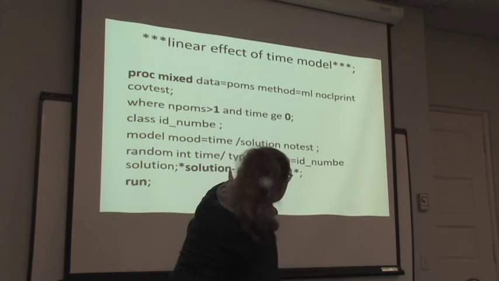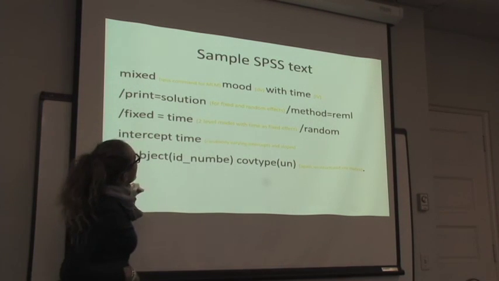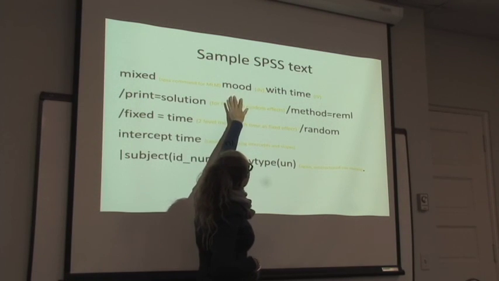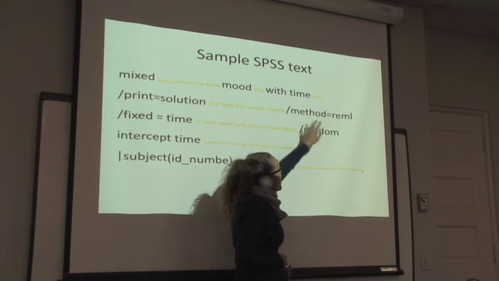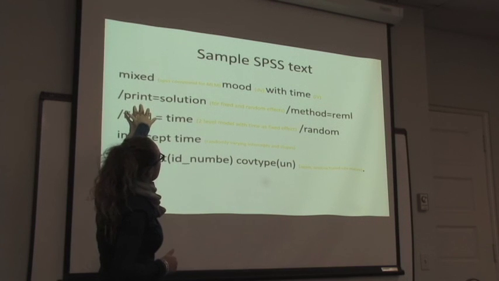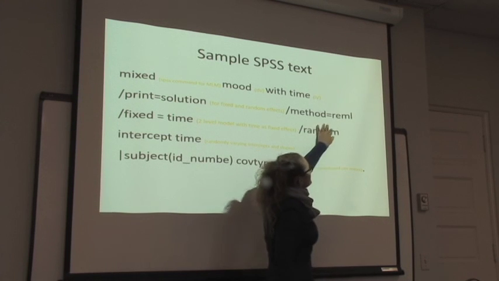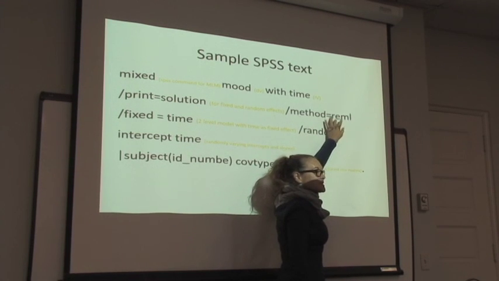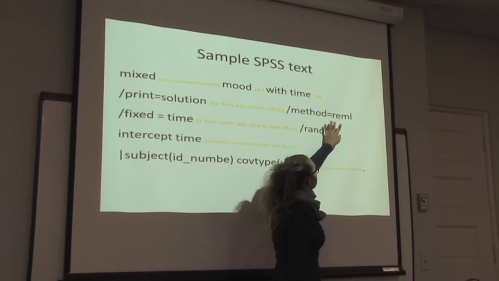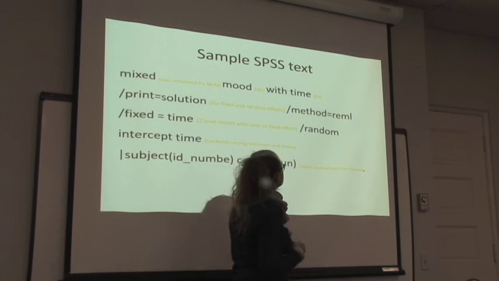This is the same thing without the annotation. This is SPSS, so it's called mixed. Here's our mood dependent variable with time, so that's our model statement. Here's our print statement: what do we want put out in the output? SPSS uses restricted maximum likelihood estimation, a different estimation method, slightly less powerful. So if your model wasn't converging in SPSS, you could try SAS and see if it worked.